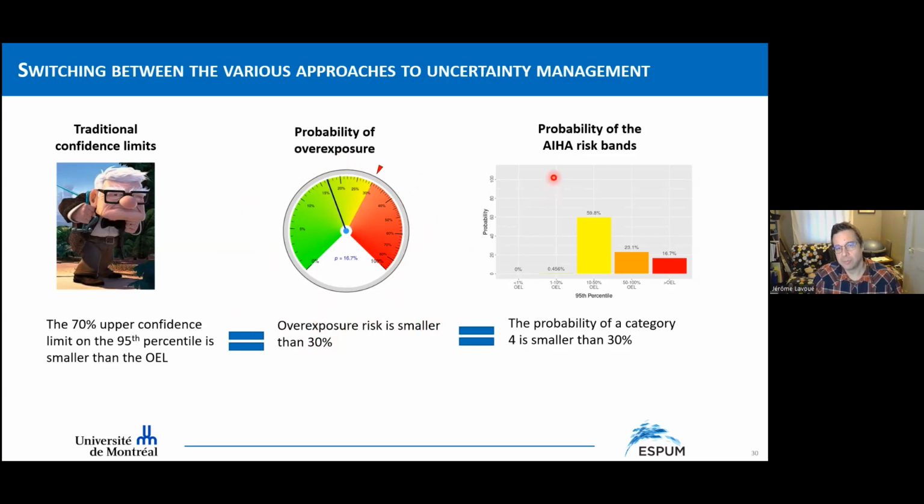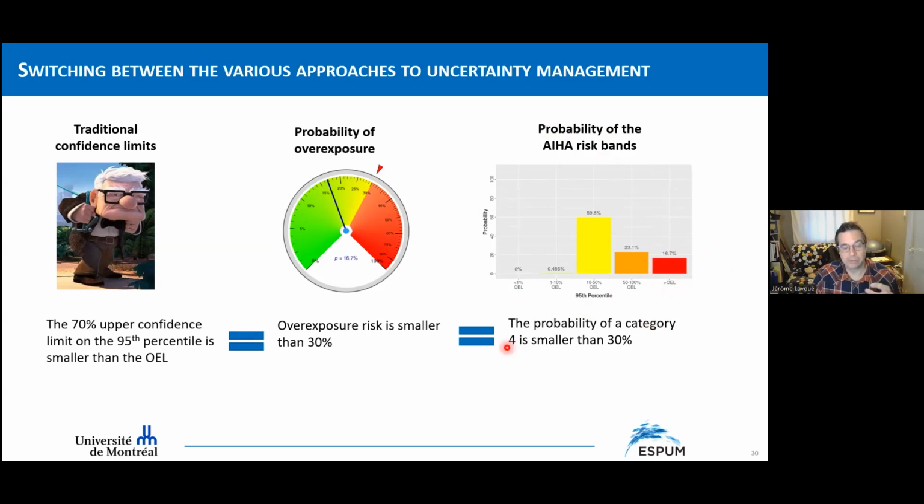And then you have the BDA graphs that allow you to select the most likely risk category if your company uses the AIHA bands. But even in this graph, you still get the risk of overexposure, which here is 16%.